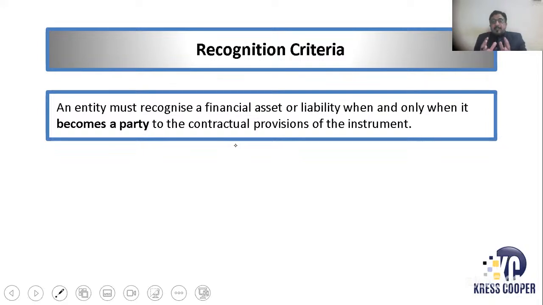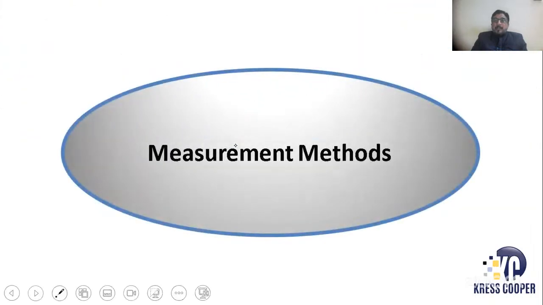This gives confidence to the user of the financial statements that the entity has entered into a derivative contract and that contract has been recognized, and it will be remeasured on the reporting date at its fair value. So for that reason, its recognition is a must. This is why the recognition of financial asset and liability is made when the entity becomes party to the contract.